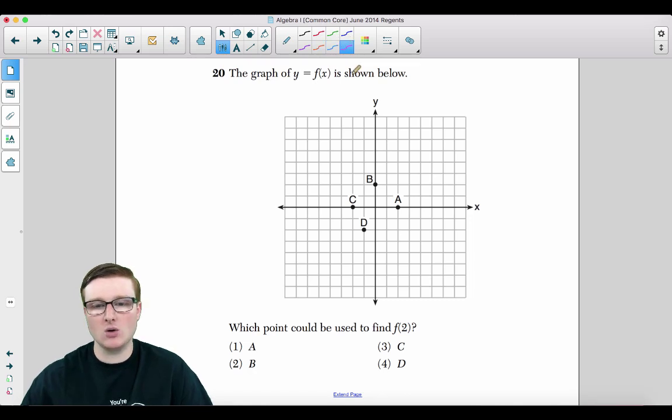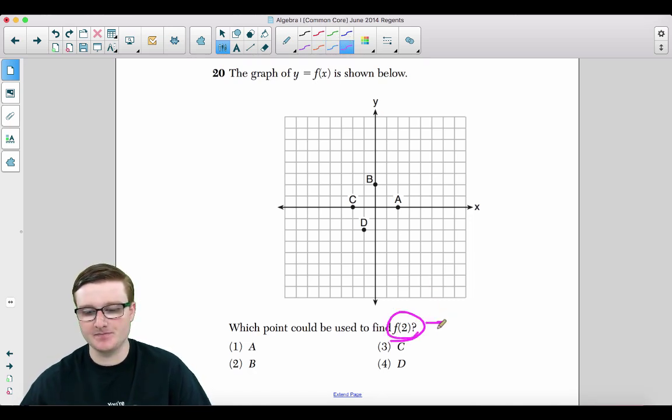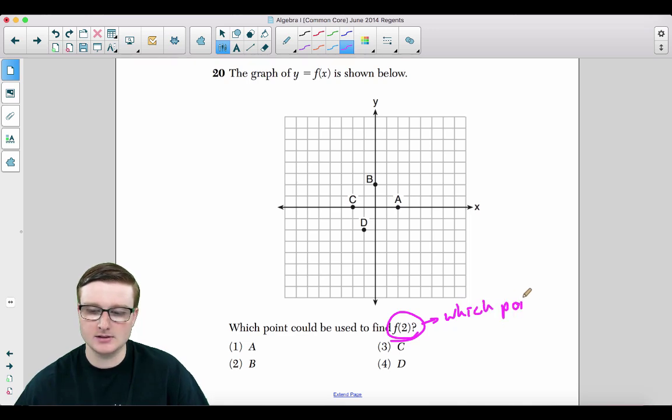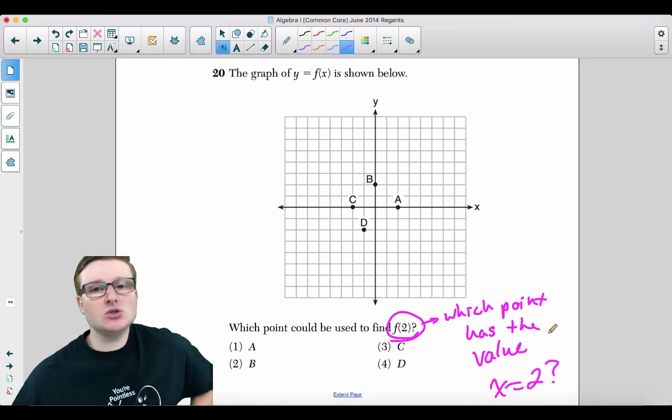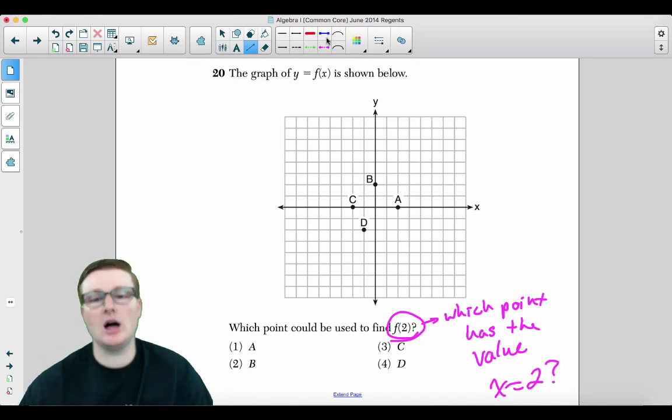So let's talk about what f of 2 means. They're saying here, which point has the value x is equal to 2. Okay, x is equal to 2 is a vertical line, which is right here.